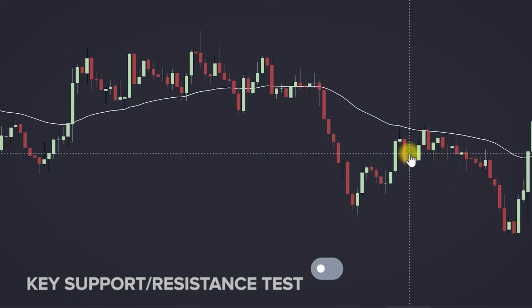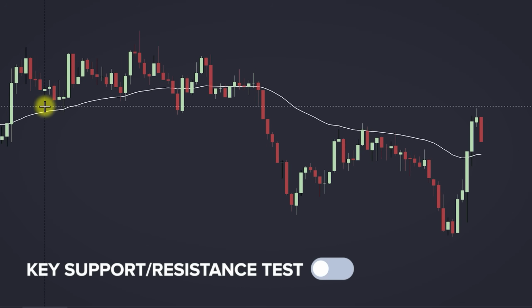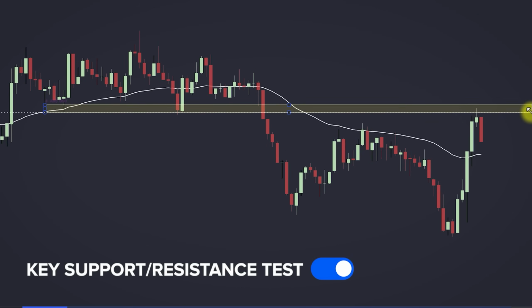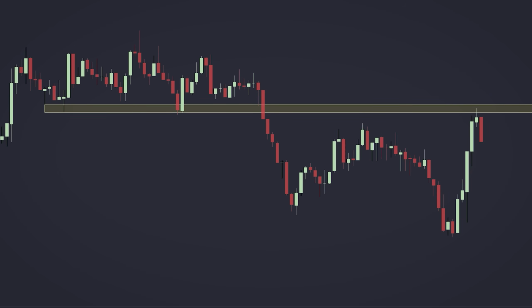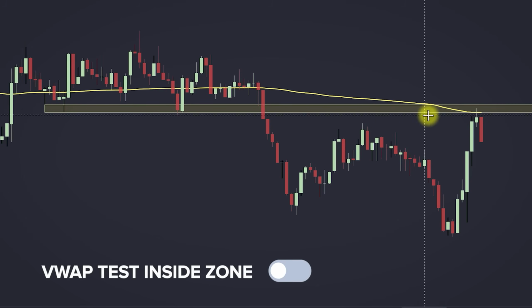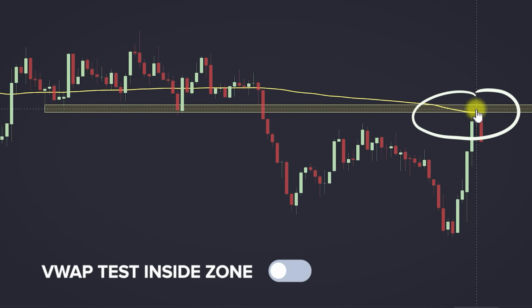Point 2 is price testing a key support or resistance zone. If your pullback is happening at a key level that has proven its importance, you get 1 point. Point 3, on the 5-minute chart, is price testing the VWAP inside that zone. If yes, you get 1 point. No VWAP test, no entry.